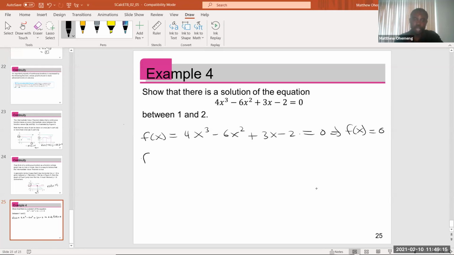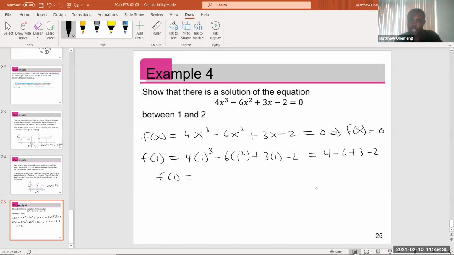Okay, so now let me plug in 1. If I plug in 1, I'm getting 4 times 1 cubed minus 6 times 1 squared plus 3 times 1 minus 2. That'll give me 4 minus 6 plus 3 minus 2, which is equal to what? f of 1 is equal to what? 4 minus 6, that's negative 2, so that's negative 1. Okay, what about f of 2?